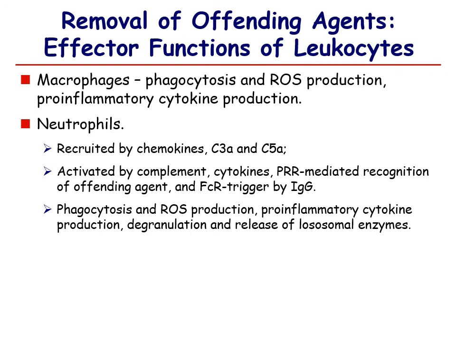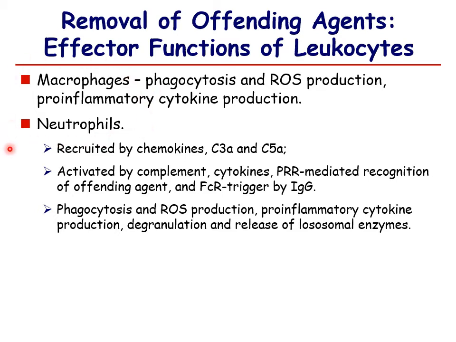So as the result of the accumulation of the cells at the site of inflammation, these cells are involved in removal of the offending agents that initiated the inflammatory response. In the tissue, you already know that macrophages are present and neutrophils are recruited to the site.